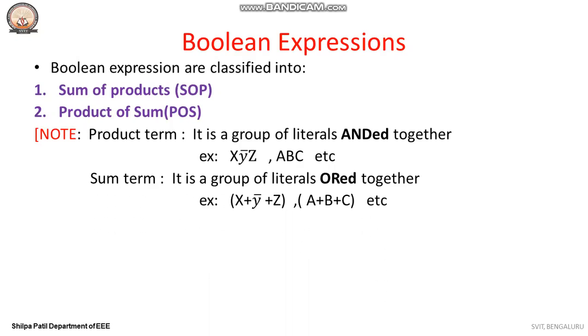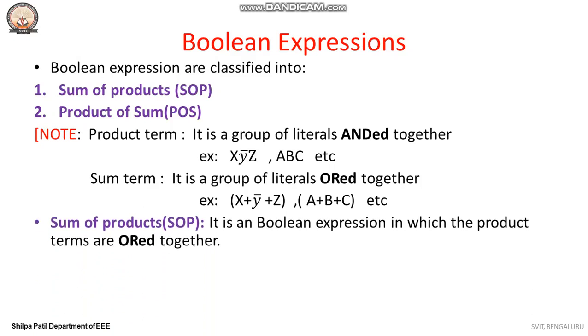Okay. So then what is SOP now? As the name indicates, it is sum of products. It is nothing but the product terms ORed together. So how do we define a sum of product terms? It is a Boolean expression in which the product terms are ORed together.